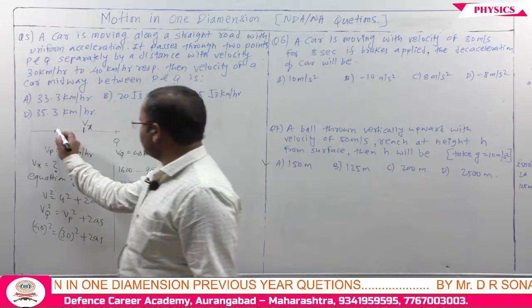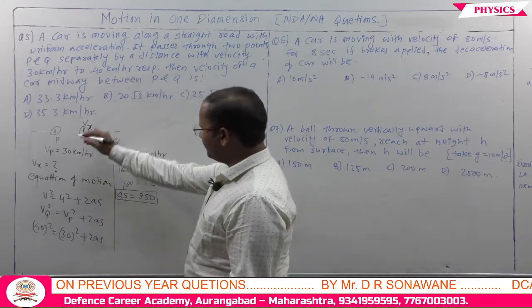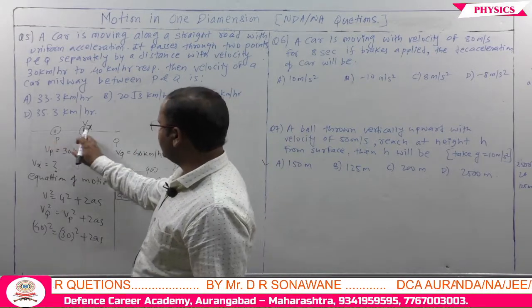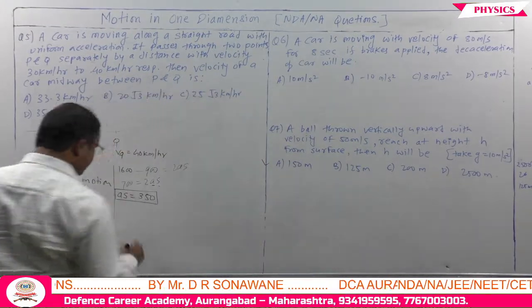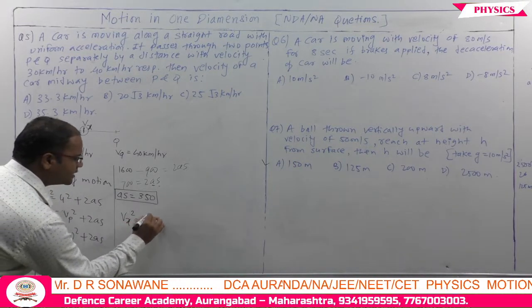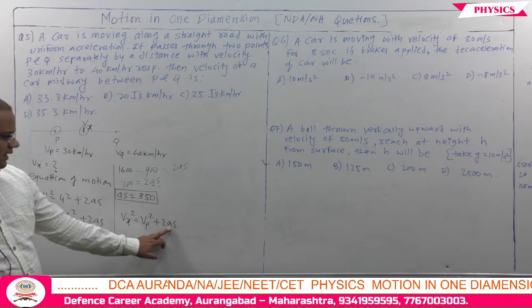If we consider the two points, initial point P and point x, we have to find the velocity Vx. If we consider this as the initial velocity and this as the final velocity, with the same equation, Vx square equals Vp square plus 2as. We have the value of as here already.